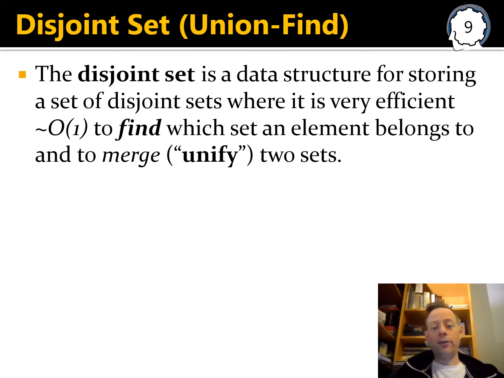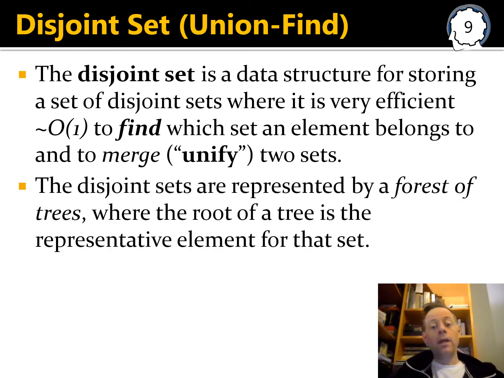So basically, for example, assume that we have all the numbers between 1 and n, and now we want to keep track of these objects belonging to different sets. So we know that each element can only belong to one set, but which set it belongs to can vary over time, and so we can have many of these sets. And that's the type of data structure we have here.